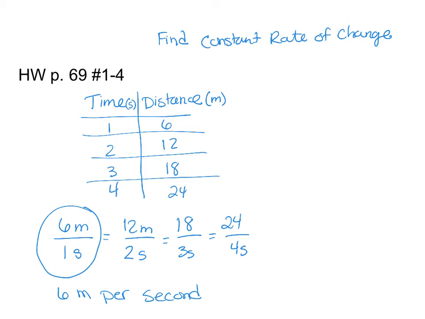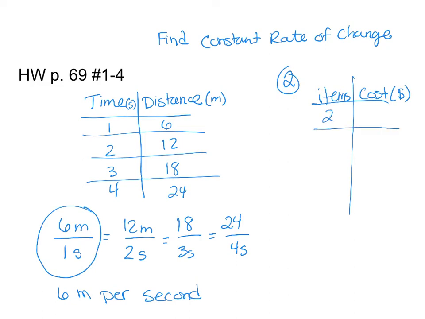Okay, number 2. I have this table that's items and cost in dollars. You should be writing this down too. I have 2 items that cost $18, 4 items that cost $36, 6 items that cost $54, and 8 that cost $72.